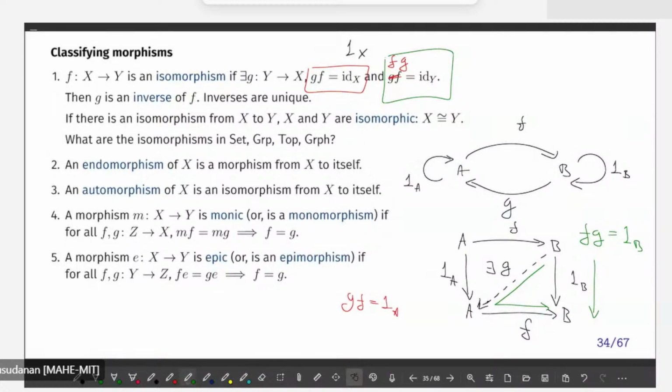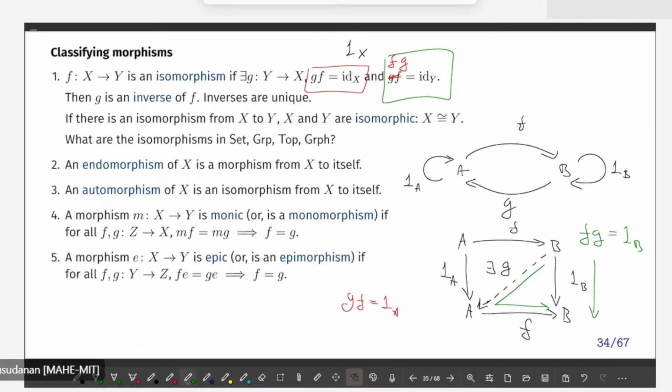So if there is an isomorphism, then you say that the objects are isomorphic. And of course, if F is an isomorphism, then that corresponding morphism G is also an isomorphism. Then you can show that G is the unique one satisfying this. We don't insist on uniqueness in the definition. It follows. There are some definitions where we insist on uniqueness in the definition.